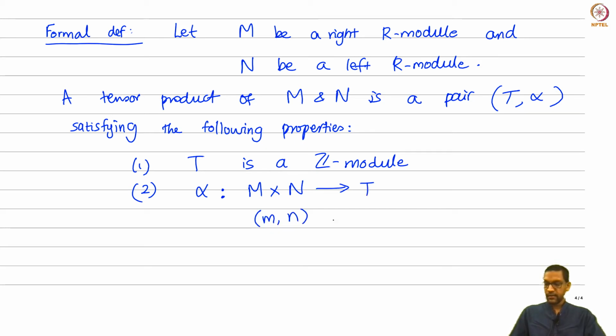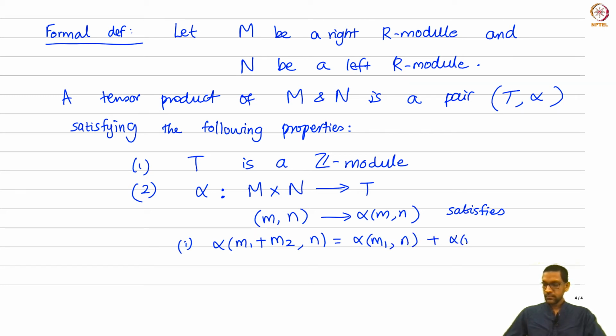M comma N maps to alpha of m comma n. Alpha satisfies bilinearity in the following sense: if I replace m by m1 plus m2, then I get a sum. Similarly for n.